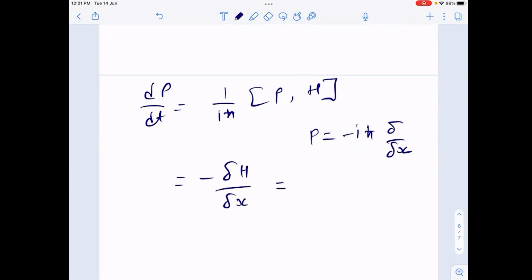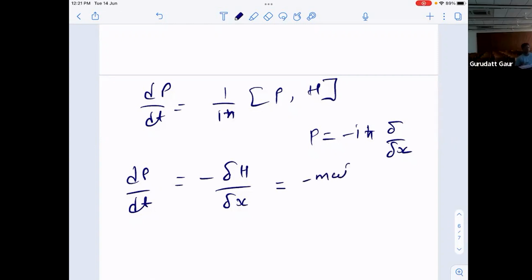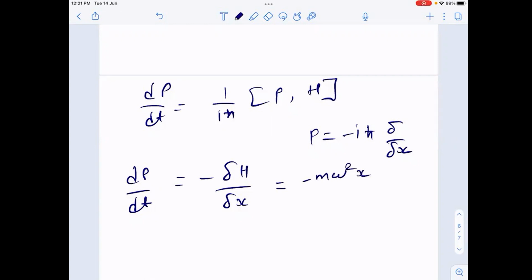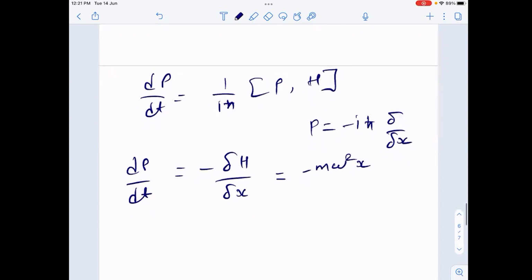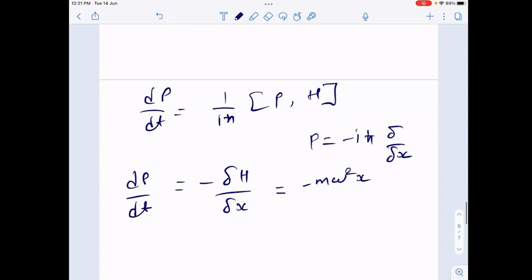Which will turn out to be, what is dp by dt again? Yes, you all know this. Very simple. It is minus Kx, from the potential. Excellent. Perfect.